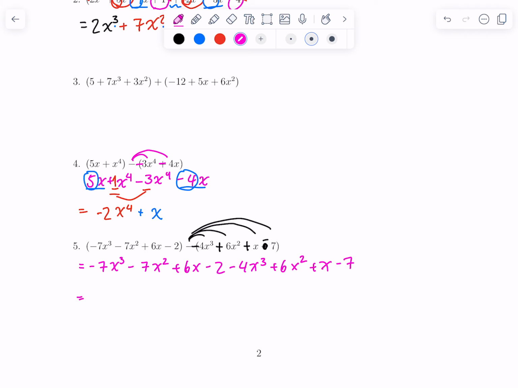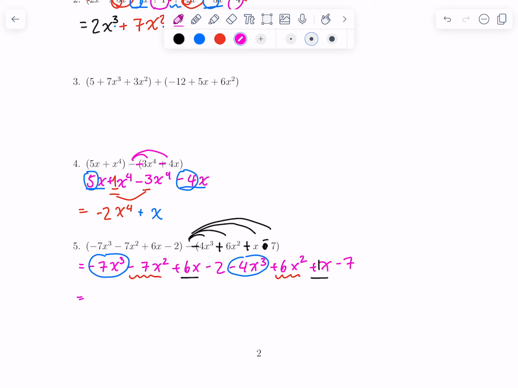Okay, let's see, do I have x cubed over here? We have negative 7x cubed, we have negative 4x cubed, here we have negative 7x squared, here I have 6x squared, and here I have 6x, here I have another x, which implies 1x.